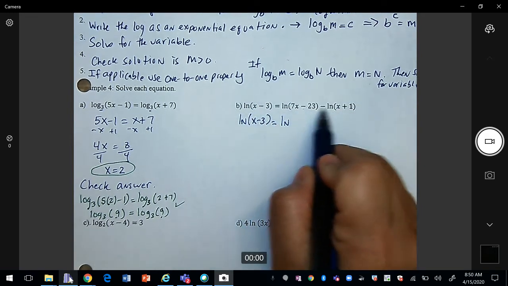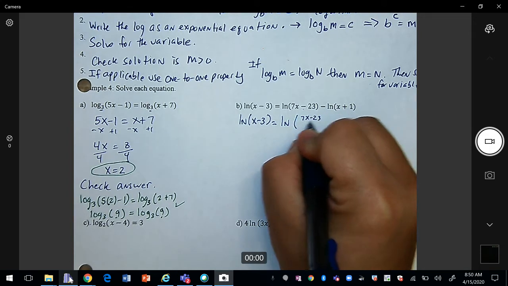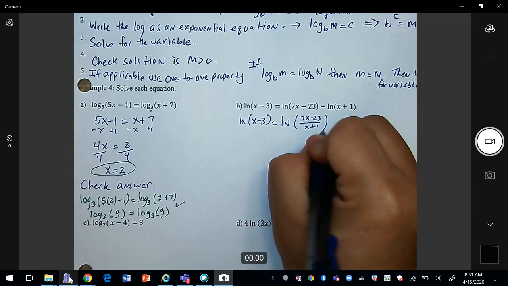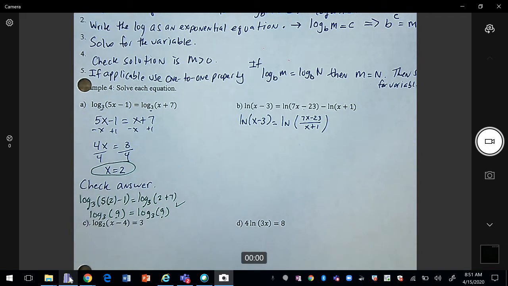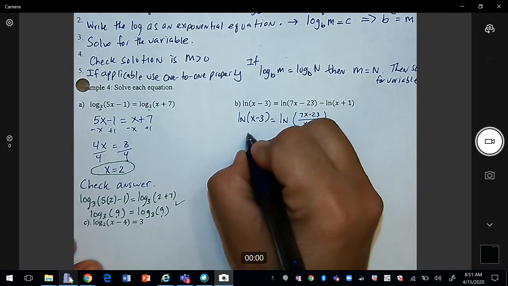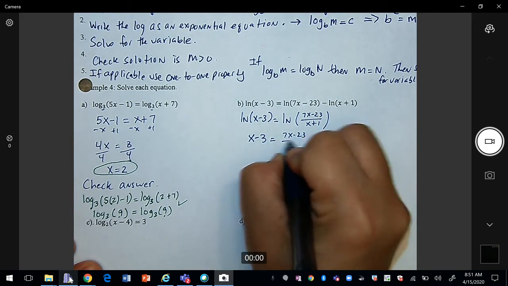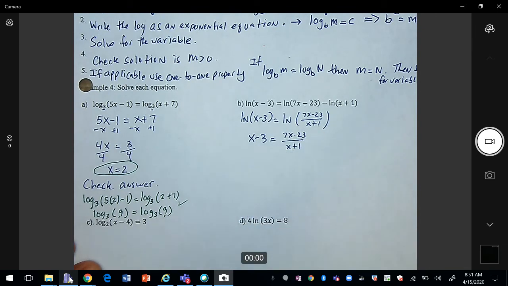Since I'm subtracting here, I can put these together as division using the quotient rule. And so now I'm left with just 2 logs with the same base. So I can set x minus 3 equal to 7x minus 23 divided by x plus 1.